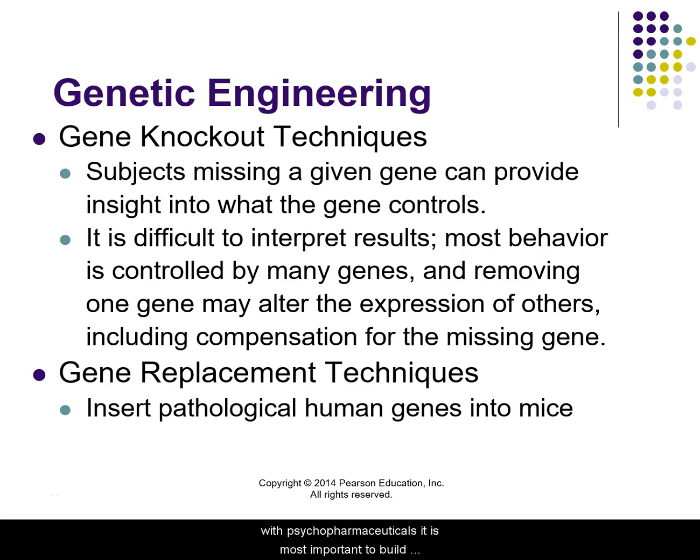Anytime that we're dealing with psychopharmaceuticals, it is most important to build drugs that are very, very selective. We want the action of that drug, whether it is to destroy an enzyme or whatever it might be, but we want to do it in a very selective manner. Doing it throughout the entire brain causes a lot of these contraindications, these negative effects that you hear about. So the more specific the drug, the better.